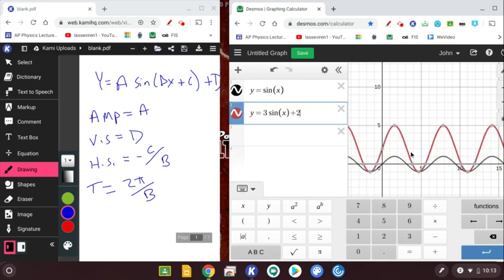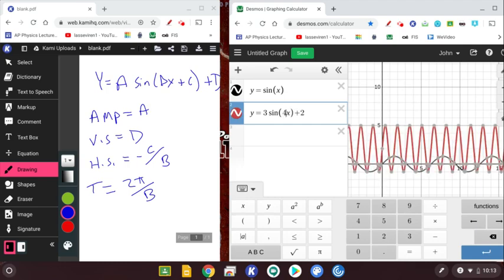And so just a very basic vertical shift. The period, I'm going to jump to period right now. The period is going to say how many times it's going to go up and down in this same amount of time, or how quickly it's going to move up and down. So if I make this, for example, 4x, we'll get to the plus 4, I was jumping to the period, as I said.